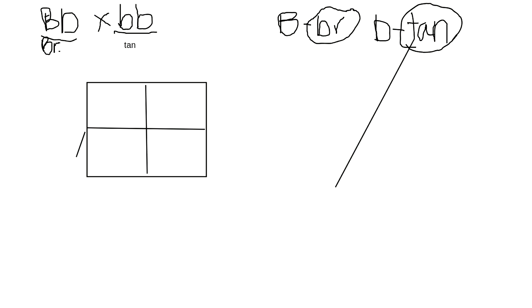So what I did here was write out what the genotype of the parents are and what the phenotype of the parents are. Now, in a problem, you would be given that information.